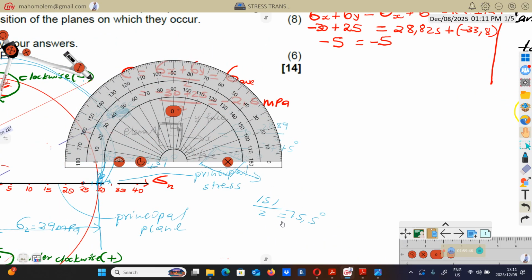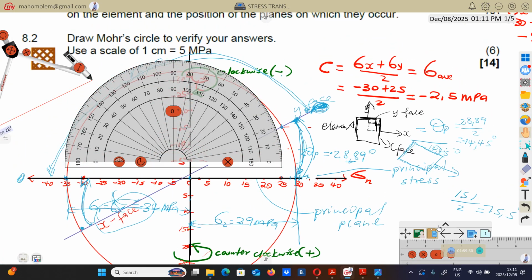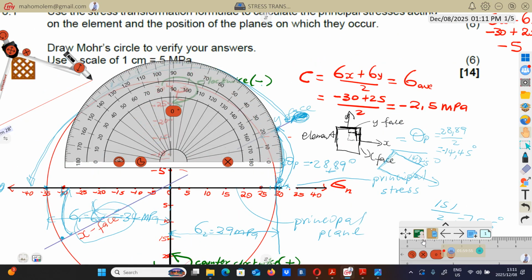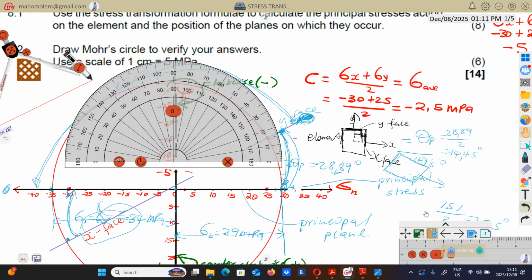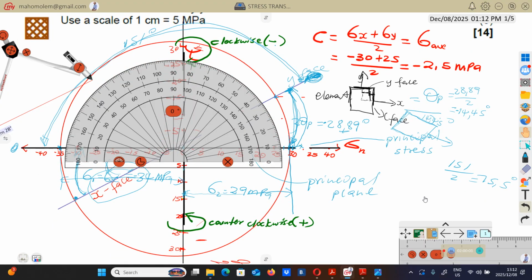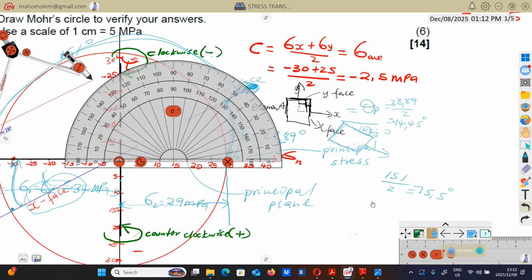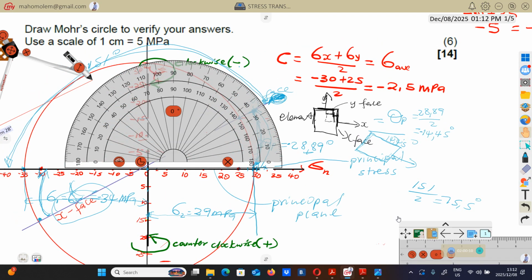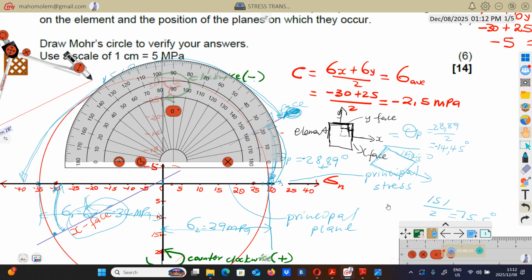So it's the same thing. In that way, I think we've answered the question. We've drawn the Mohr's circle to verify the answers, so we managed to find the same answers and the same direction.